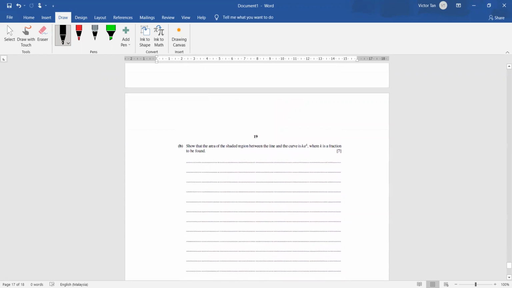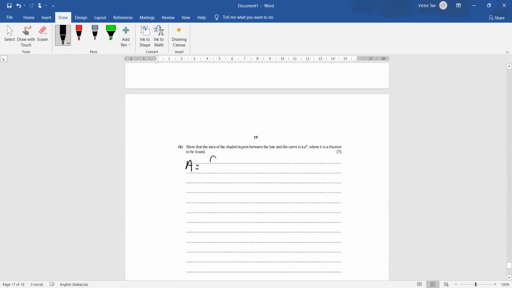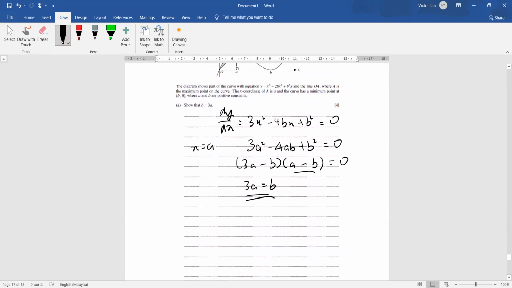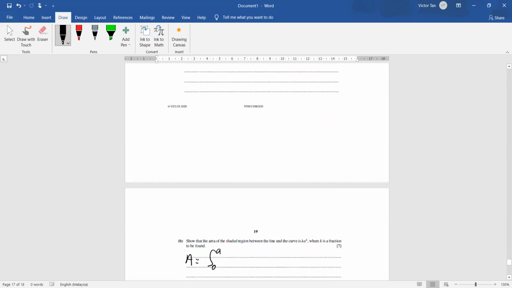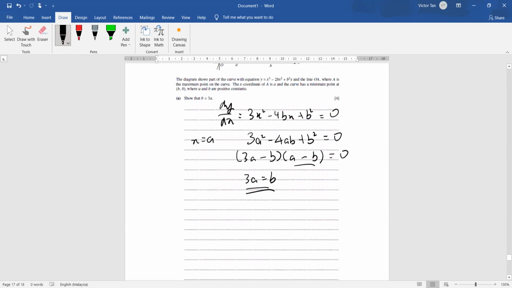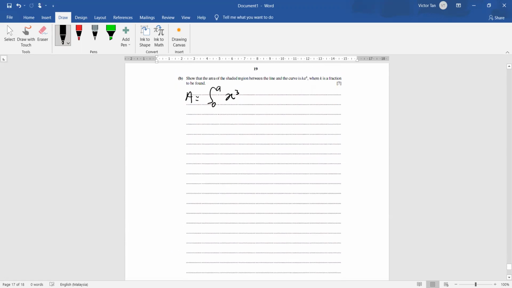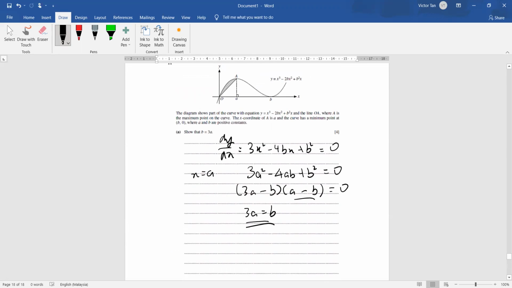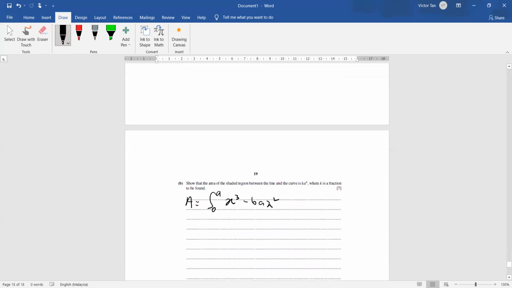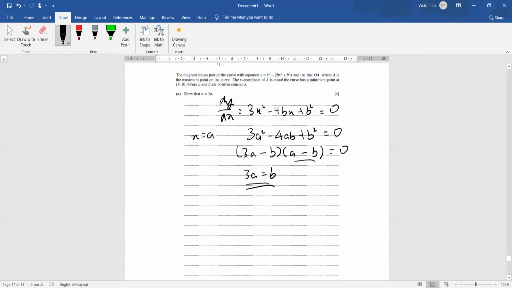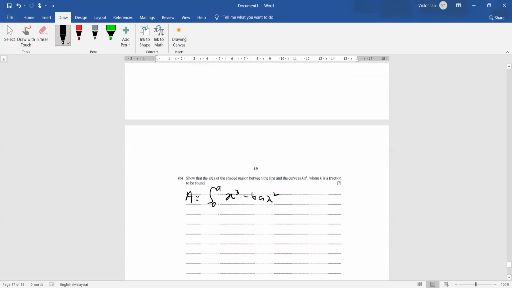So the area of the shaded region is the integral from 0 to a of the equation of the curve, y equals x cubed, substituting b with 3a, minus 6ax squared plus b squared x. b squared is 9a squared, so 9a squared x.